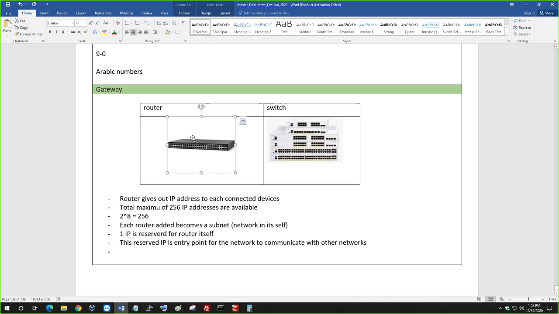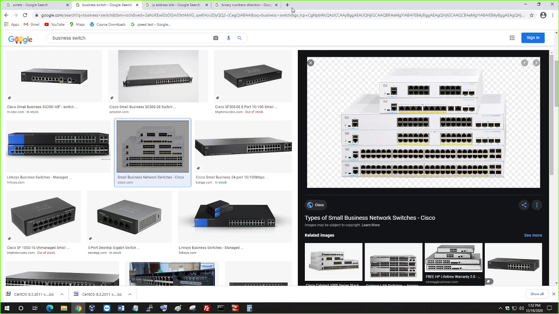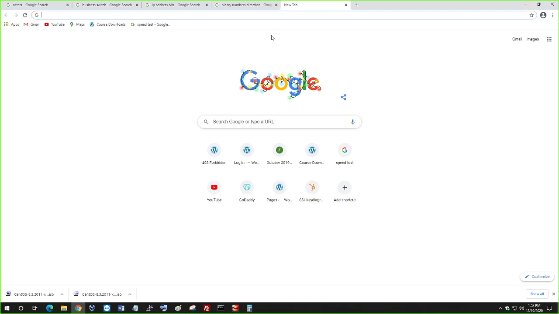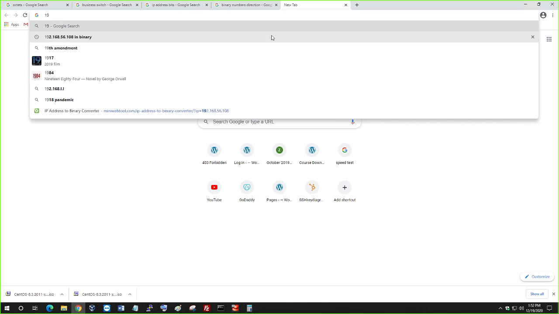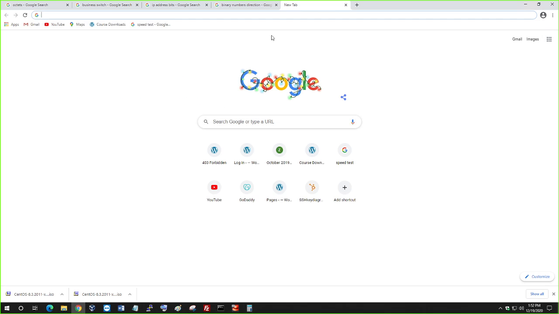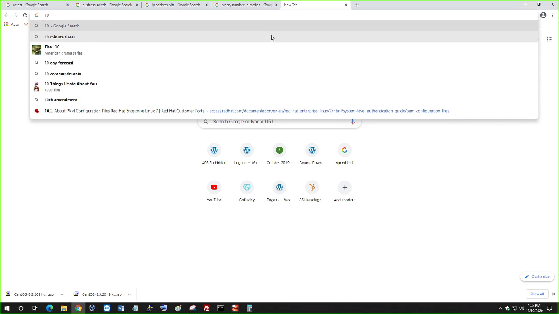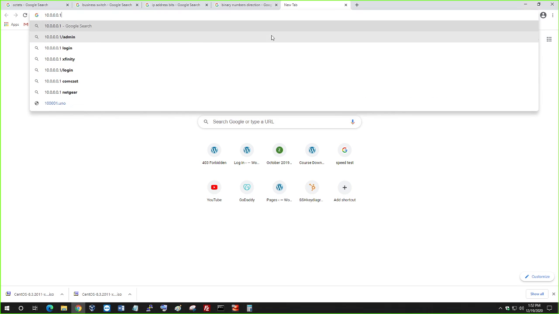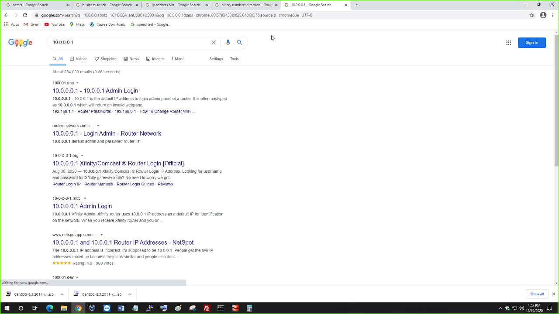So this router has an operating system in it. If it's a Cisco router, it has a Cisco OS. When you log into the router, so if I type 10.0.1.1, I think this is the router.